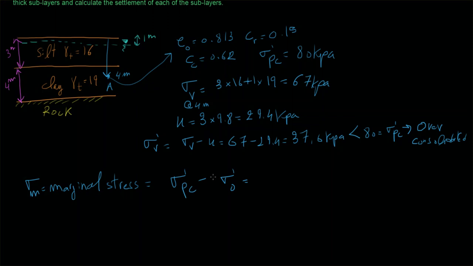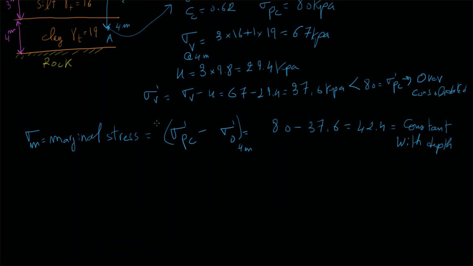So at 4 meters it is 80 minus 37.6, which is 42.4. The marginal stress remains constant with depth. In other words, at any depth inside the clay layer, if I have the initial effective stress, I can calculate the pre-consolidation stress using the marginal stress.